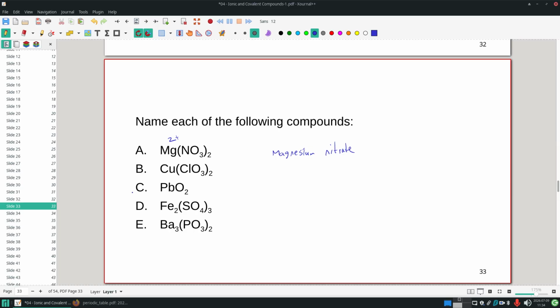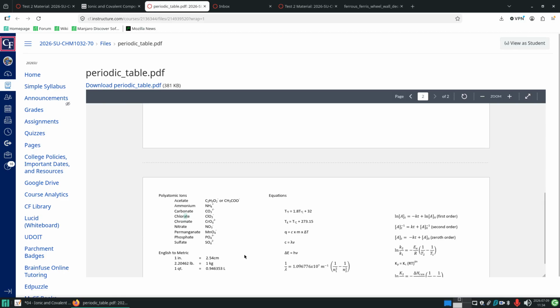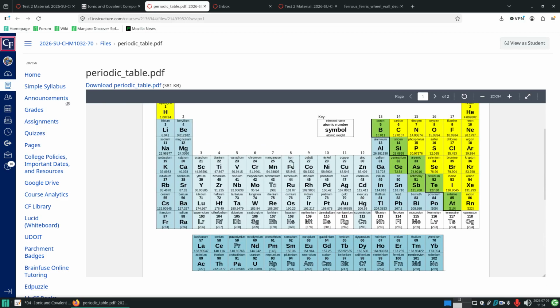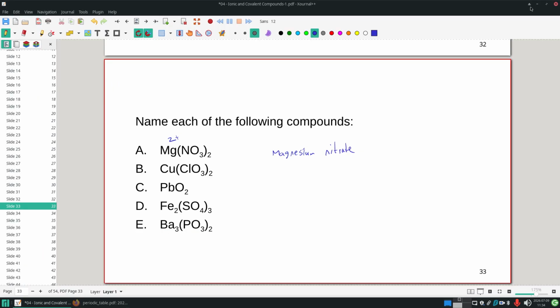Now the reason I skipped down to D that I wanted to cover is because it is Fe. And if I go to the periodic table for the iron, it's there in that lighter shade in the middle. It is one of those that has variable charge. So I know I'm going to write down iron, and I know I'm going to have a Roman numeral in there. Alright, so how do I figure out what the charge is?